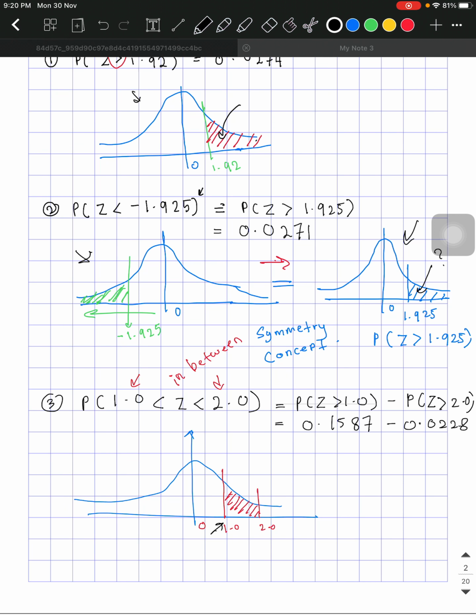Okay, then you will get the answer, which is 0.1359.